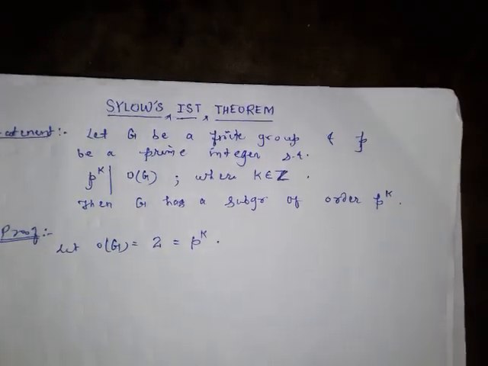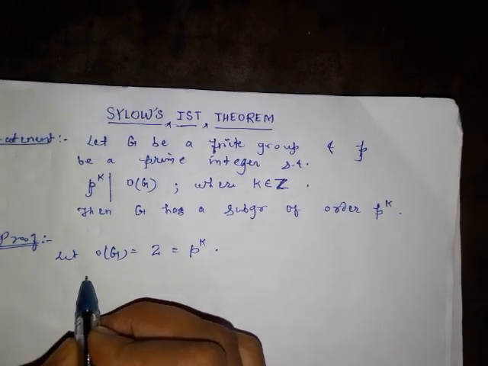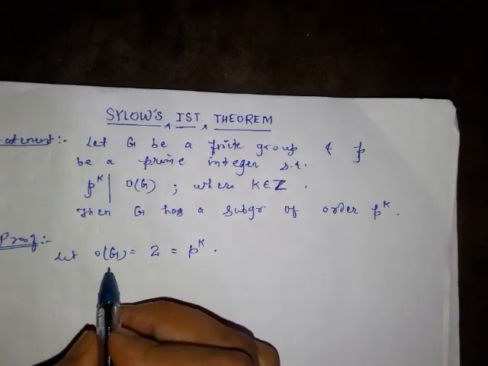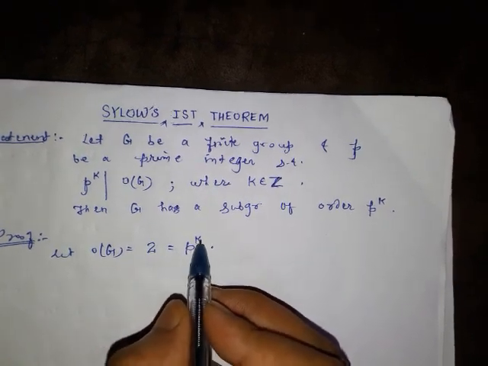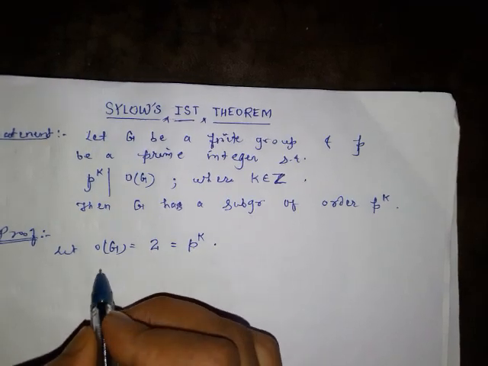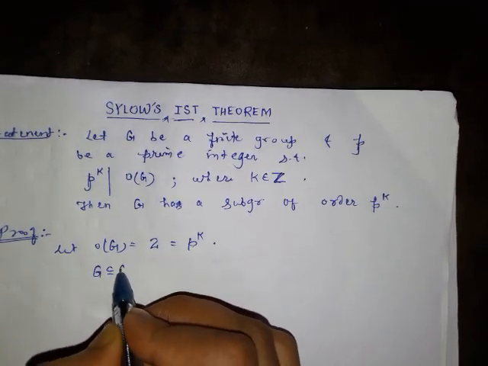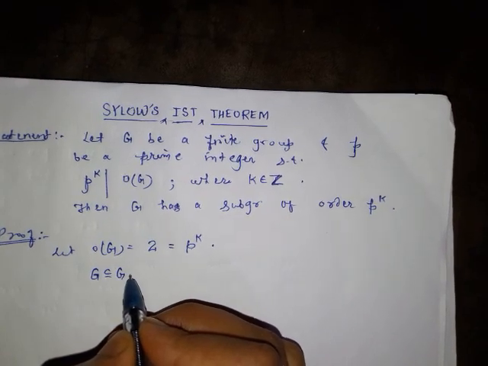We can let it be p raised to the power k. Now we have to prove that G has a subgroup of order p raised to the power k, which is equal to 2. We know that G itself is a subgroup of the group G.